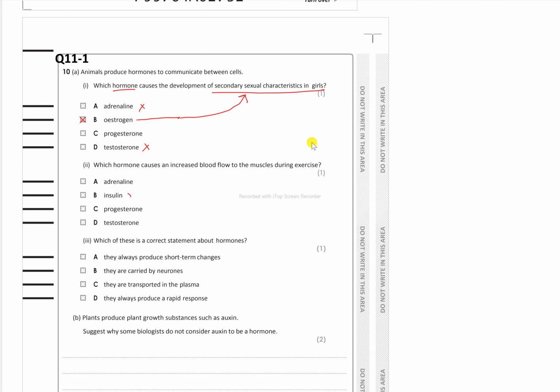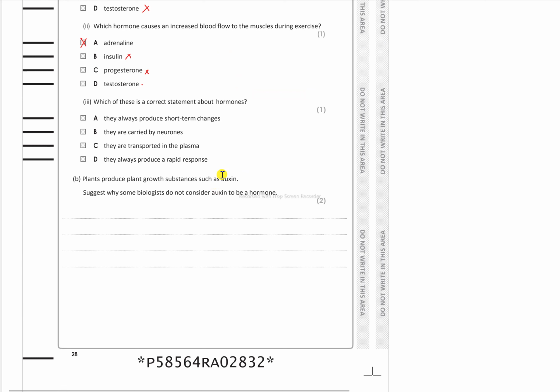I found this one to be a bit strange. I thought it might have been that, but it's adrenaline, because I thought that makes you more aggressive and is responsible for the secondary sexual characteristics in boys. So it's adrenaline. I thought it got you ready for exercise rather than during exercise, but maybe yes, that makes sense.